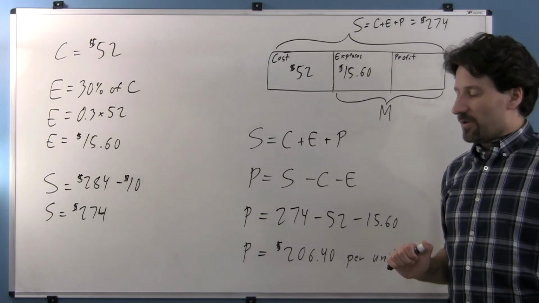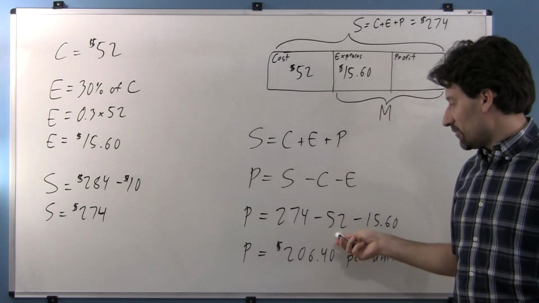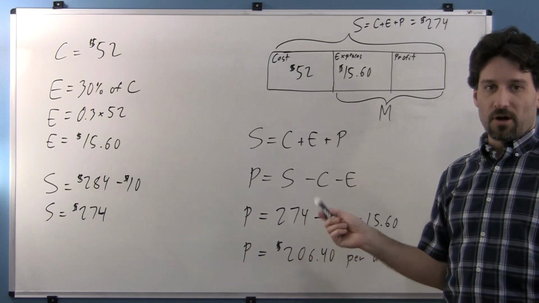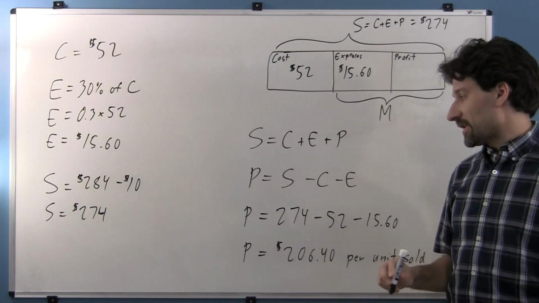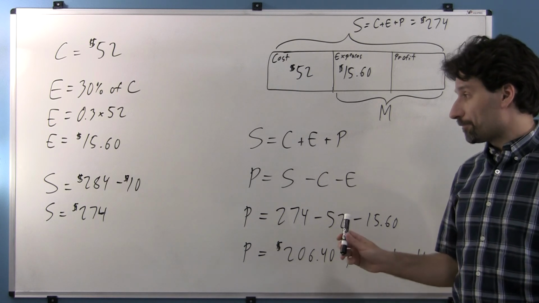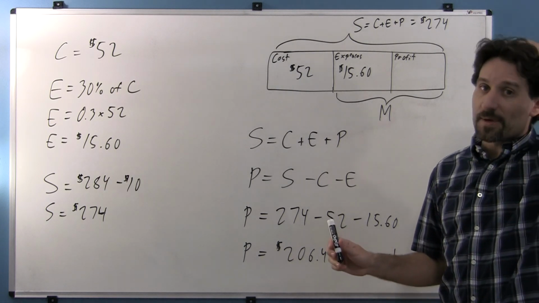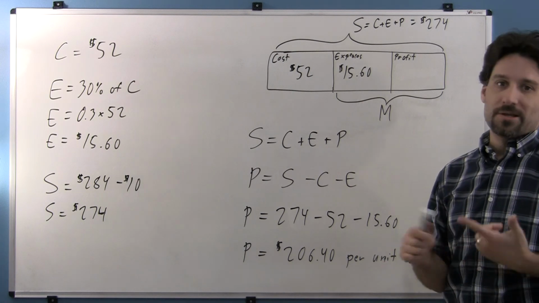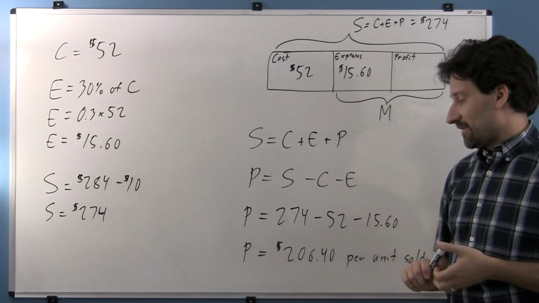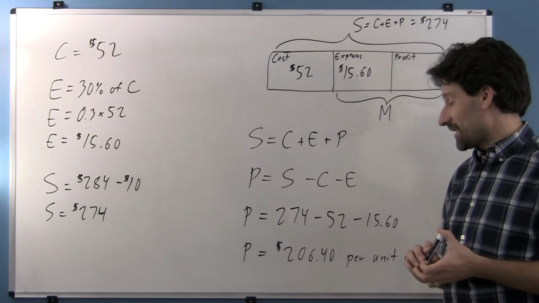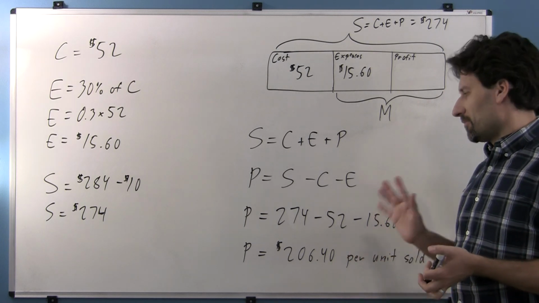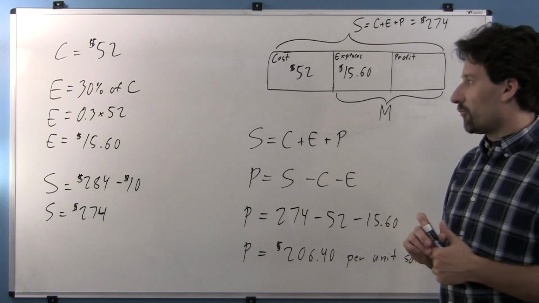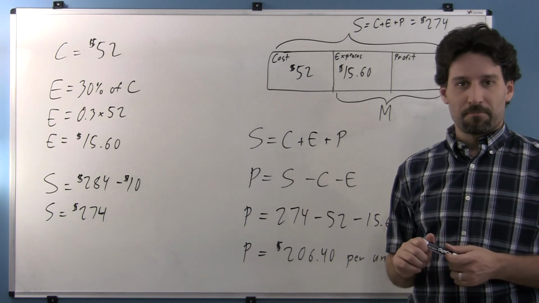Okay, so yes, we sell them for $274. $52 of that goes to cover the cost of buying the monitor from the manufacturer. $15.60 goes to other overhead expenses, keeping the store running, wages and rent and such. And $206.40 is profit. No idea if these are accurate numbers anymore or not, but a good example for practicing the math involved.